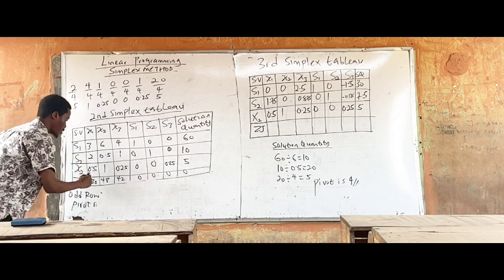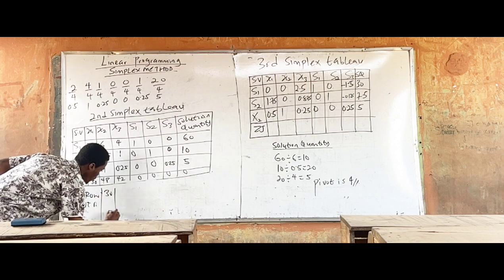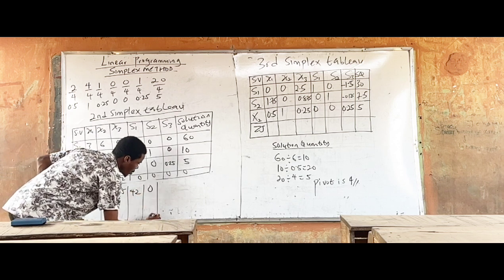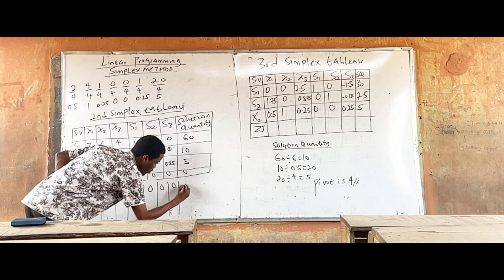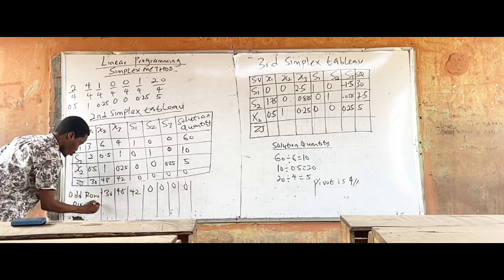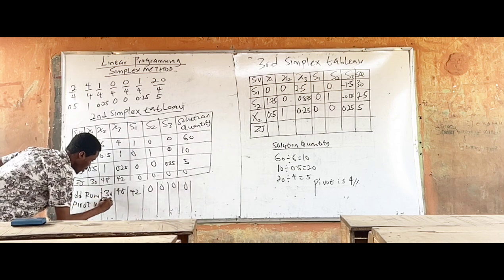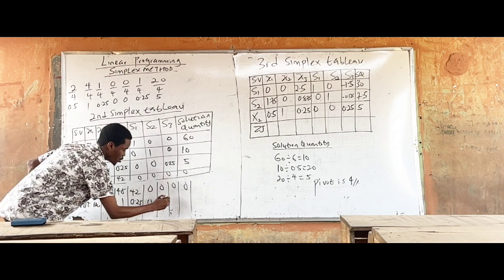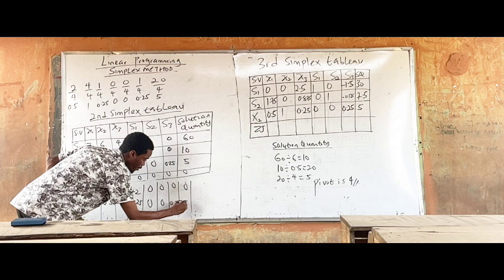So my old row for zj is 30, 48, 42, 0, 0, 0, 0. My pivot row is S2: 0.5, 1, 0.25, 0, 0, 0.25, and 5.